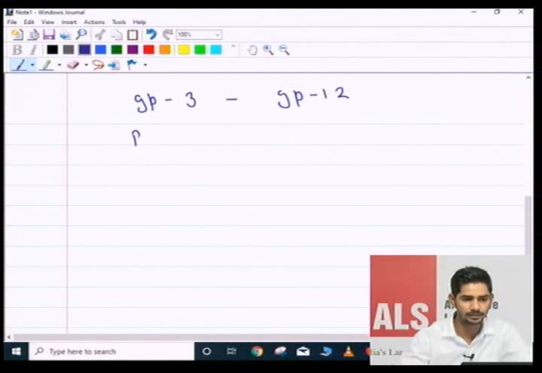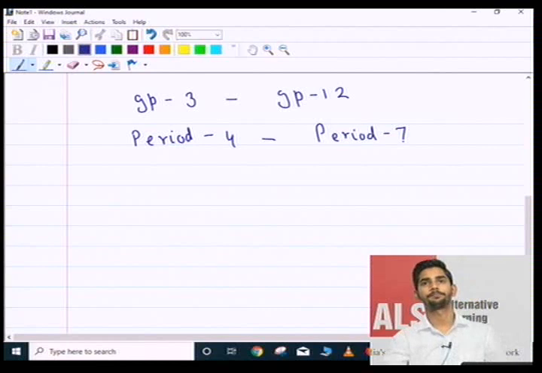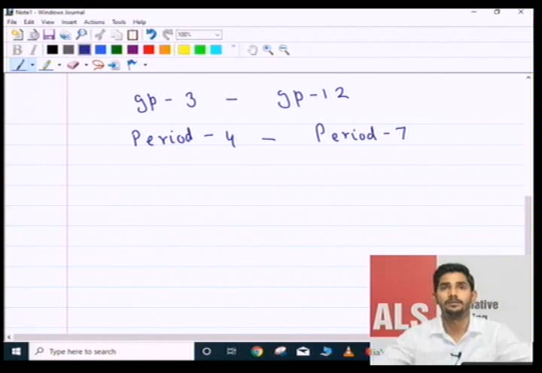In periods, it starts from period 4 up to period 7. So guys, this is the idea regarding the D block elements, that you have to remember that D block will start with the group number 3 and it will end up at group number 12, whereas if I talk about the periods, it will start with period number 4 and it will end up at period number 7.